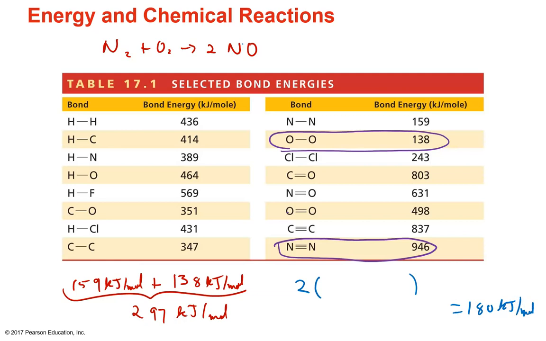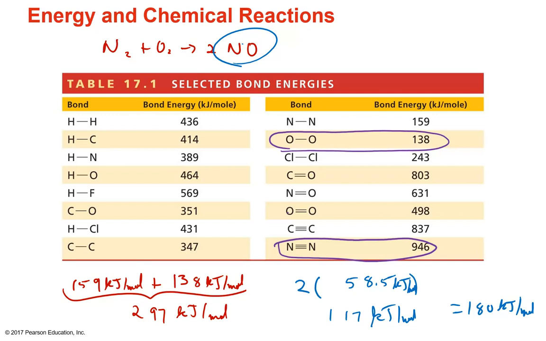So 297, if we take 180 minus that, then that's going to be 117, which makes this 58 and a half. Going backward with my numbers from the answer. Which I wish that we had those in the table, but it just doesn't have the bond energy here.